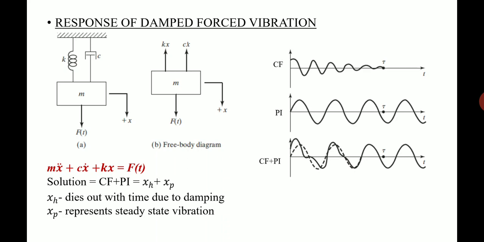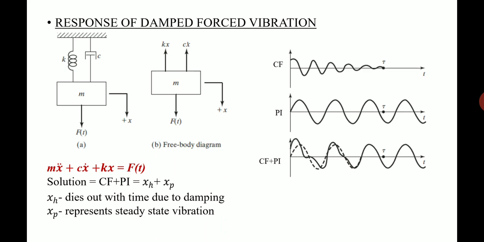But in the case of the particular integral, that vibration persists as long as we keep the force. A force is continuously acting on the system, and the particular integral represents the response to that forcing function. That is shown in the second figure, and the combination of these two solutions, the net solution, is shown in the third figure.